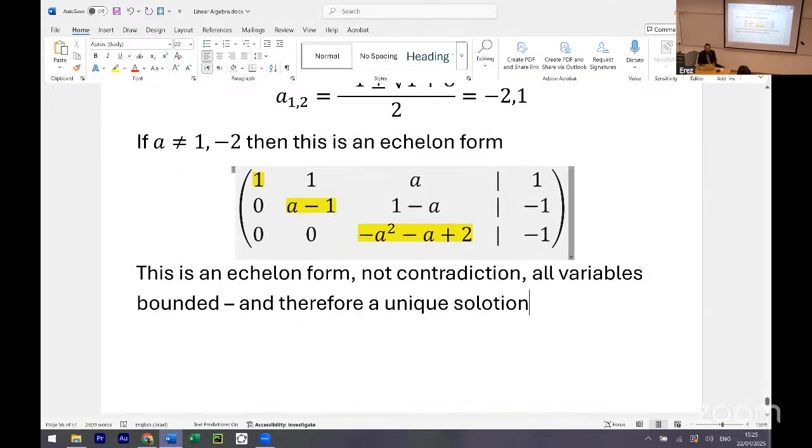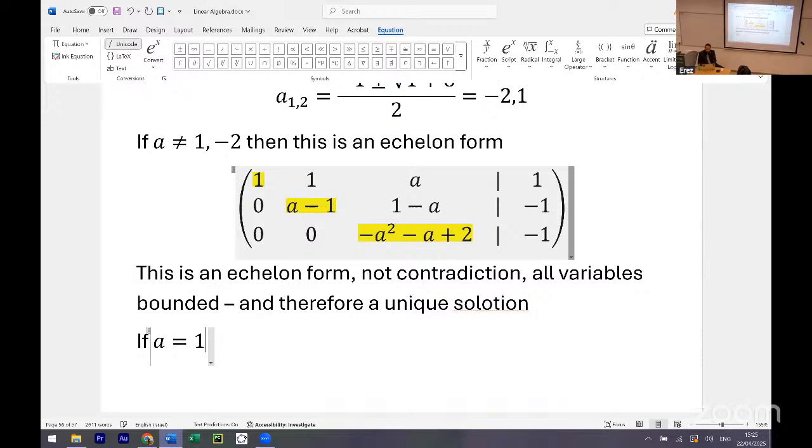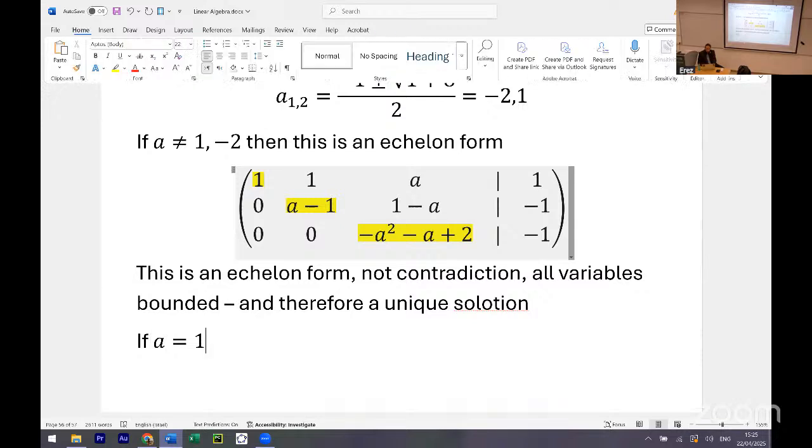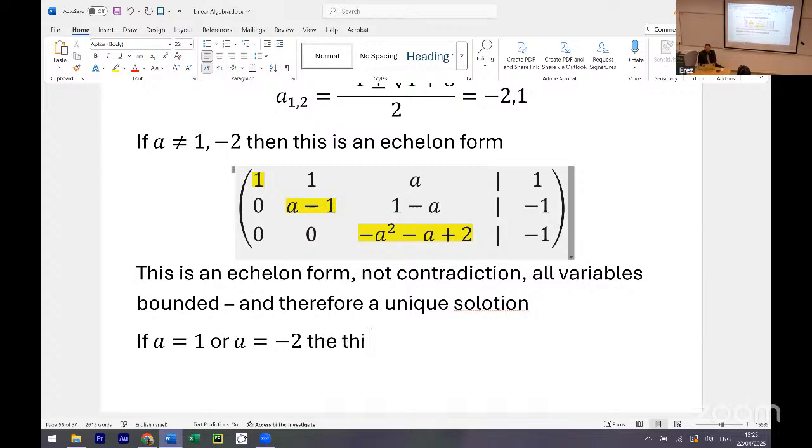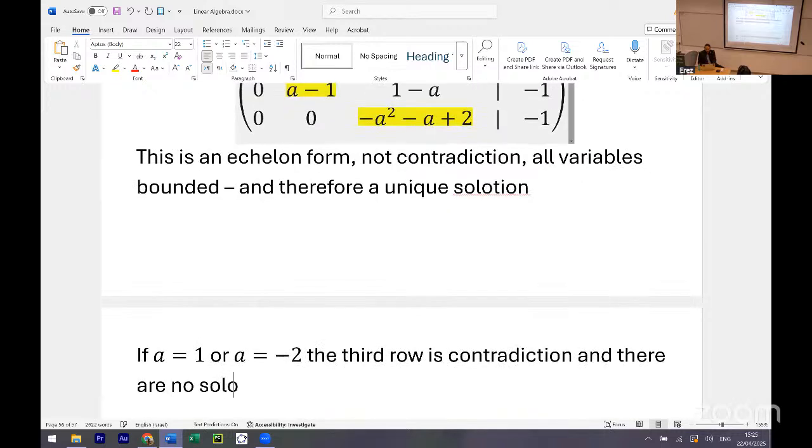And now we plug in 1 and minus 2. I will deal with both of them together because if A equals 1 or A equals minus 2, the third row is a contradiction. And there are no solutions.